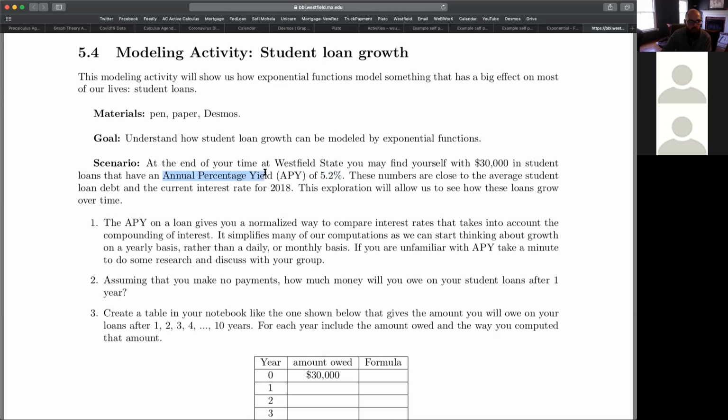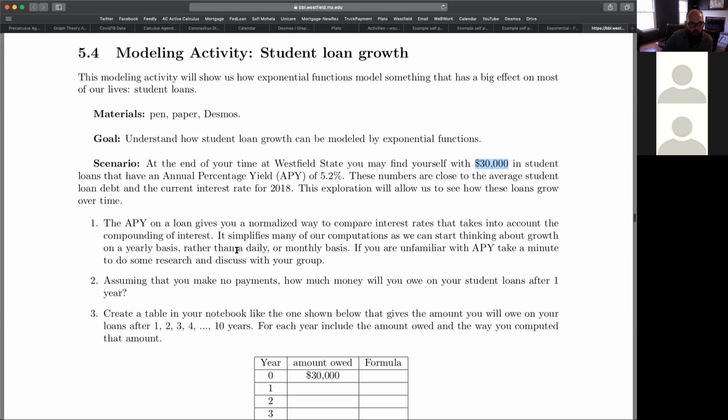You can think of this as, after 1 year, if I had this $30,000 and made no payments, that amount of money would grow. It would be 5.2% higher than it is now.